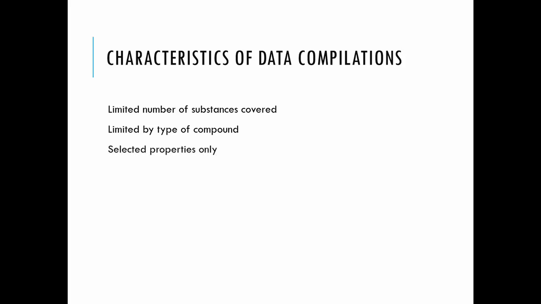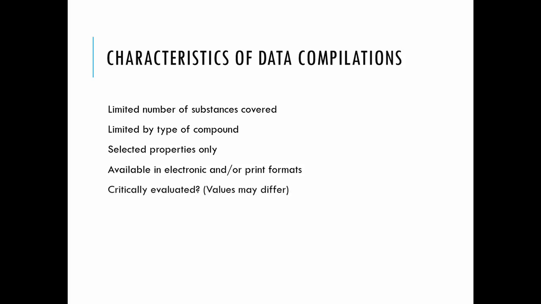And selected properties only. There are some print and electronic databases that may only cover spectra. Some may only cover selected thermodynamic properties. And again, as I said before, they're available in electronic or print formats.